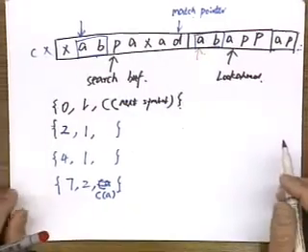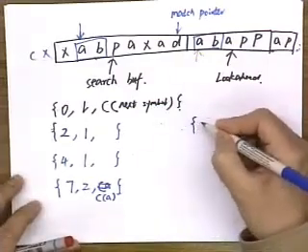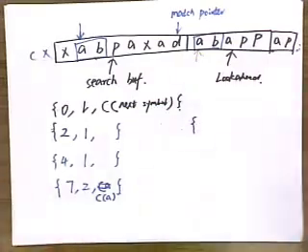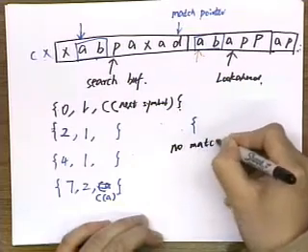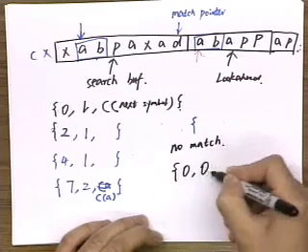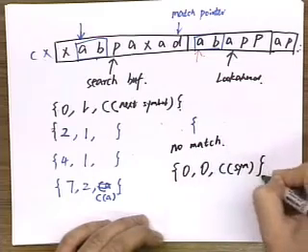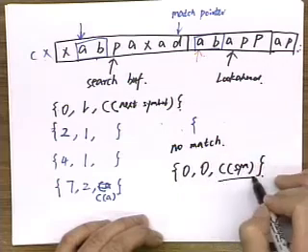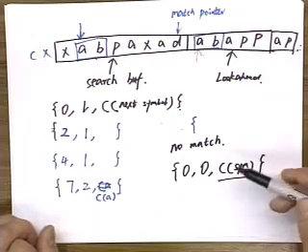So we have to design a format for this case. When there is no match, we represent the symbol as 0, 0, and the code word of the symbol. So we include this in the format in order to cover this special case.